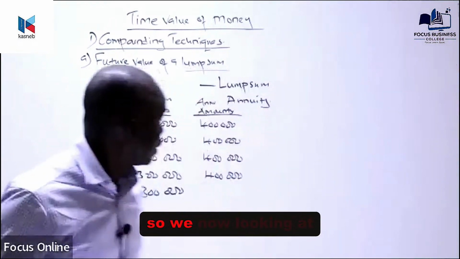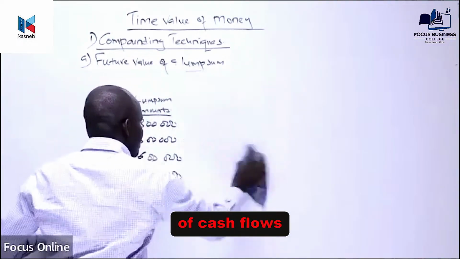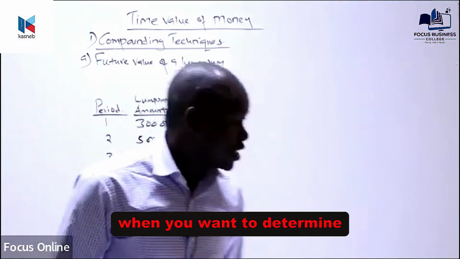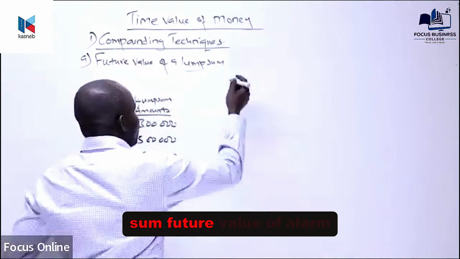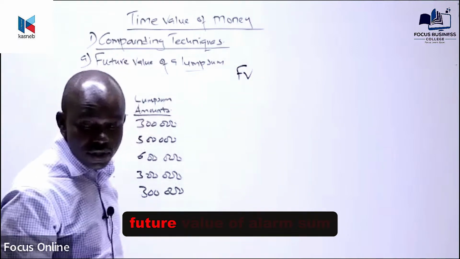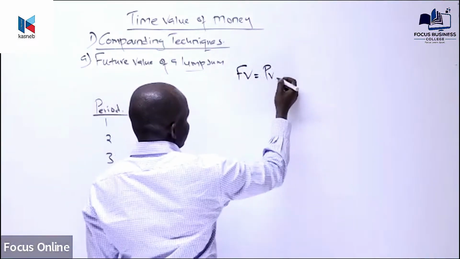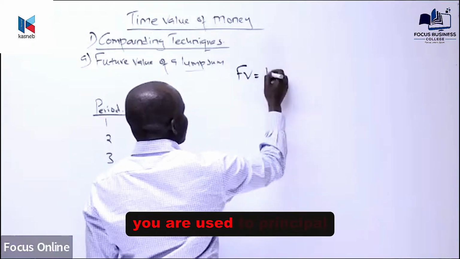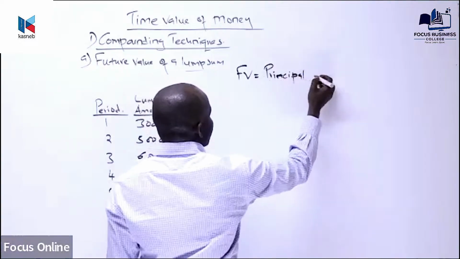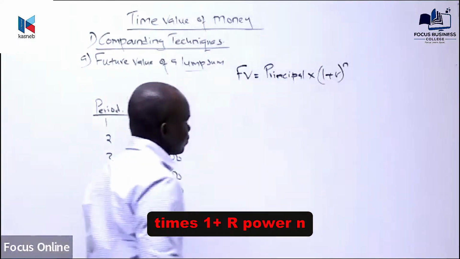So we are now looking at the future value of a lump sum, the future value of this kind of cash flows. When you want to determine the future value of a lump sum, FV, the future value of a lump sum is equal to present value, or let's say principal, what you are used to, times 1 plus r power n.